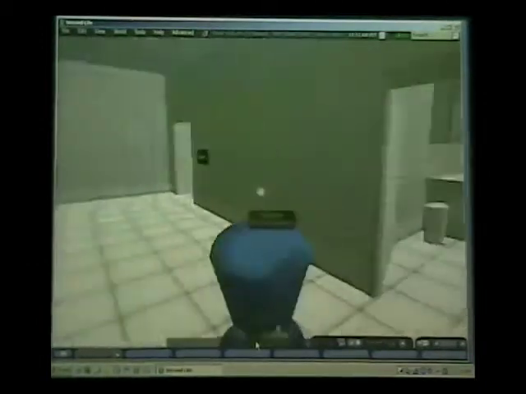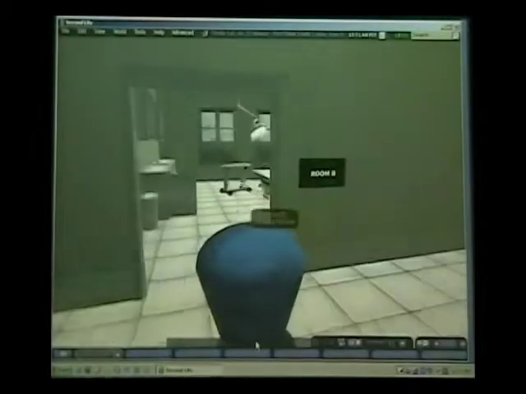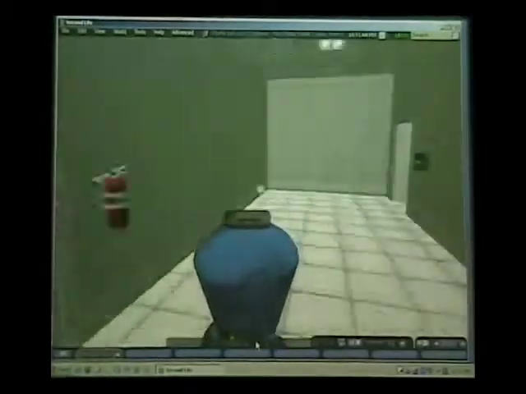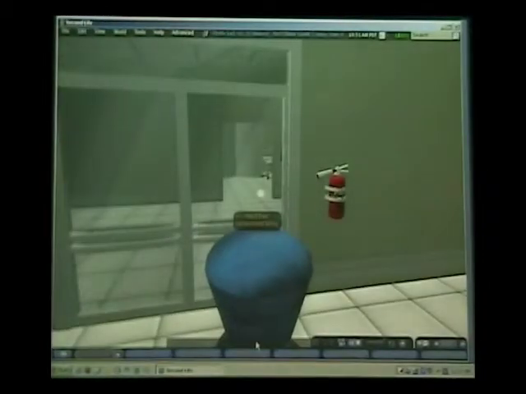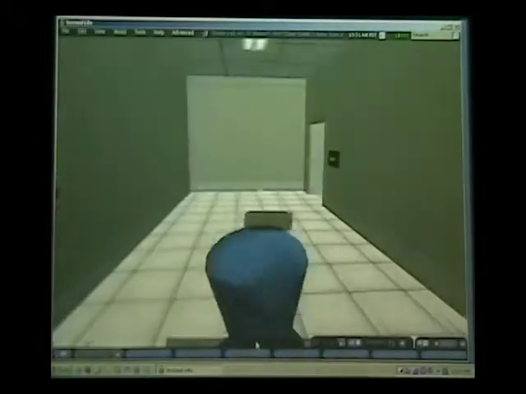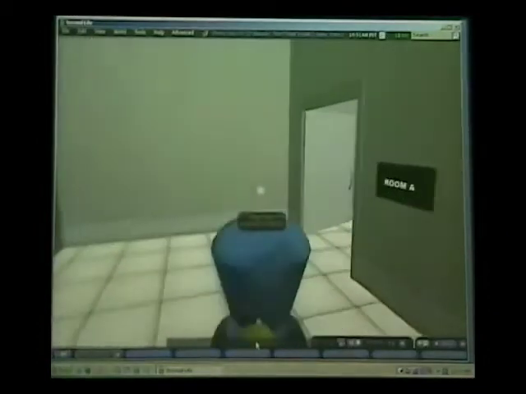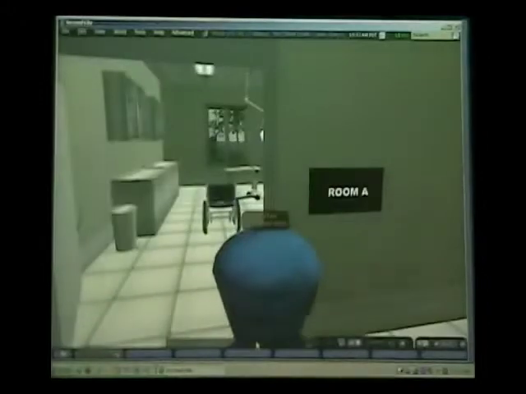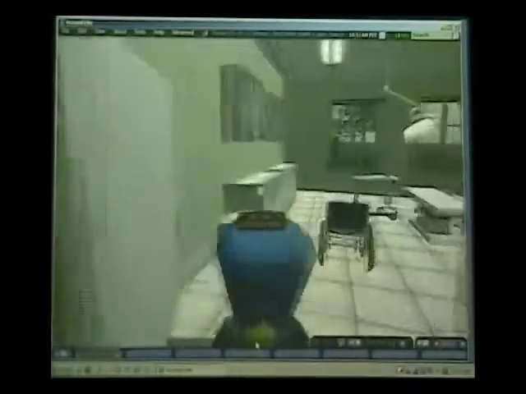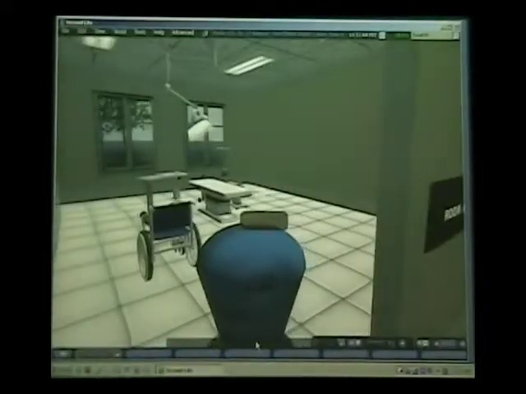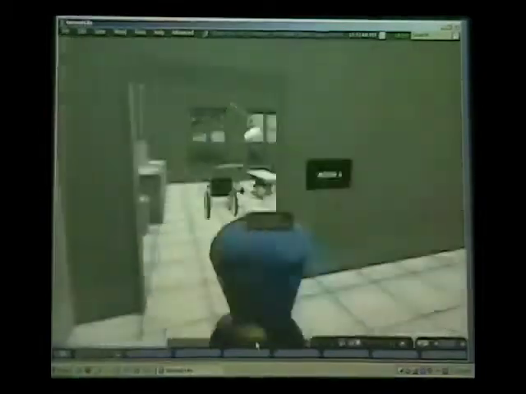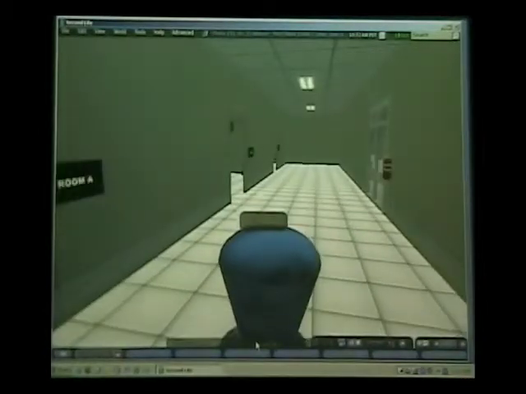There is a video of that too, and what you would see is the virtual hospital itself, and me going inside it, trying to show you the level of fidelity that we are trying to reproduce in the hospital. Why are we using this hospital? It is for a specific scenario.